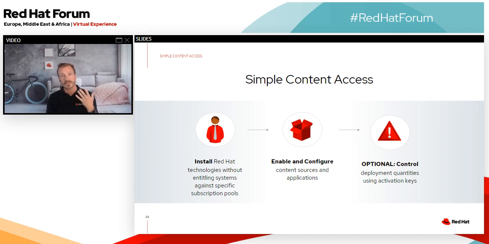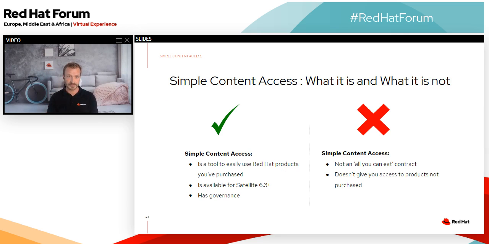Right. We have also introduced something called Simple Content Access, which is a new way of consuming your subscription. Think of this as a subscription on the organizational level. Compared with the enforcing method of today, we're giving you freedom to deploy instances when you need them, not when an entitlement is returned. But just to be clear, this needs to be enabled.